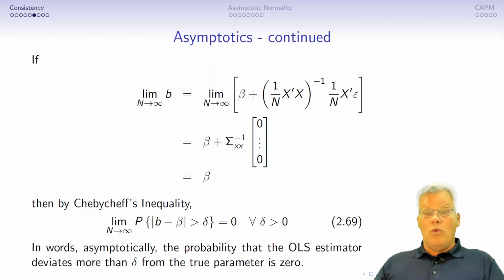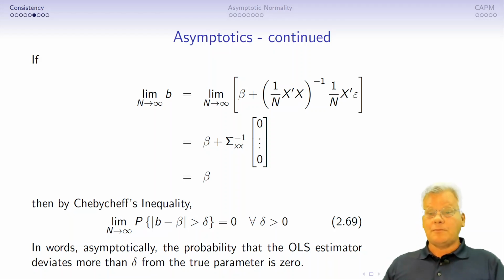The next term, 1 over n times x prime x quantity inverse, remember, by assumption, converges to the value sigma sub xx quantity inverse, which is a finite and non-singular matrix. And then the term on the far right converges to a vector of zeros.